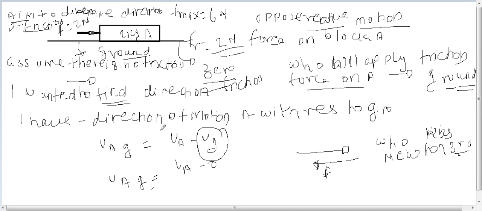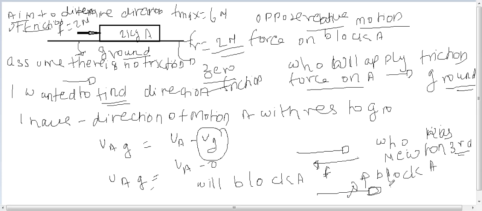Yes, block A will apply friction force on ground. So by Newton's third law, the direction of the friction force applied by block A on the ground will be this. This is the direction of friction force on ground, applied by block A.